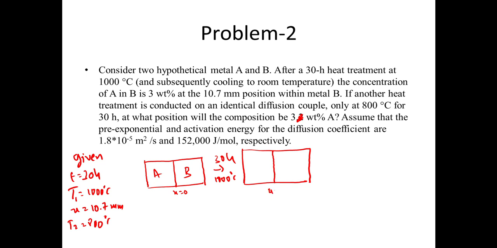Consider x equal to 10.7 mm. He is finding here the concentration is 3 weight percent of A. Here this is B side, but the concentration of A in the B side is 3 weight percent at this position, right?